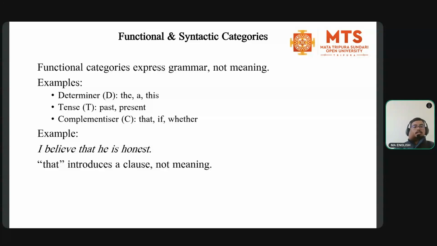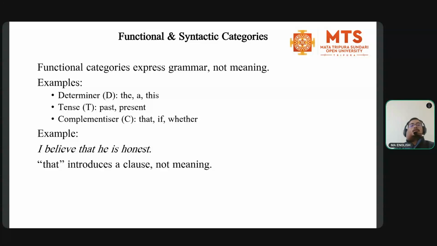Okay, so again, functional categories also help structure sentences at a deeper level. They help us understand how phrases are connected and how clauses are formed. For example, determiners help a noun function properly in a sentence.